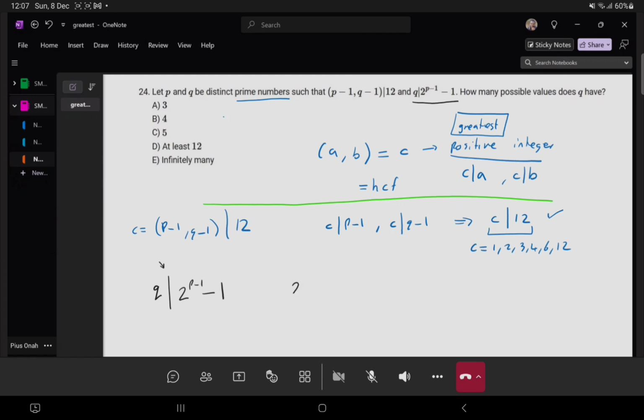It's most useful to write this in modular arithmetic. So this would be the same as saying this is congruent to 0 modulo Q. And then we can perform the arithmetic as though this were an equality sign in terms of additions, subtractions and multiplications. Divisions, we will have to be a bit more careful with.